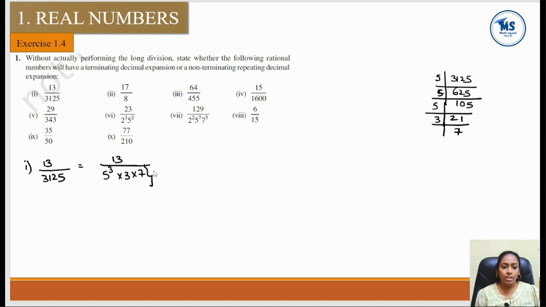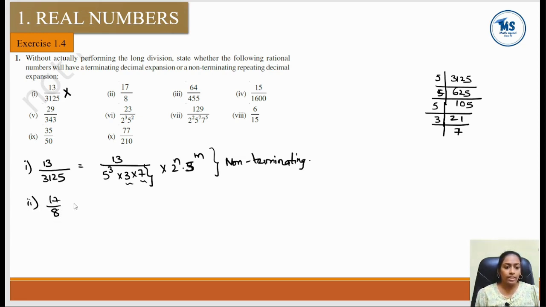Here the denominator has 7 and 3. It is not in the form of 2 power n into 5 power m. So it is non-terminating. Okay, see, without performing the actual division, we are saying whether this is terminating or non-terminating. So I'm just making a mark over here. This is non-terminating.